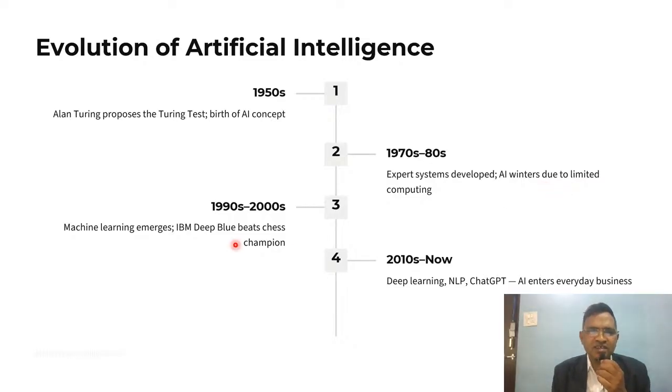In the 90s and 2000s, machine learning emerged, like IBM's Deep Blue beating the chess champion, and more in the 2010s. Nowadays deep learning, NLP and ChatGPT are there, so every day we are using artificial intelligence.